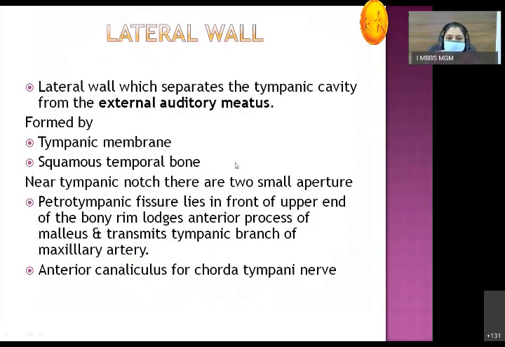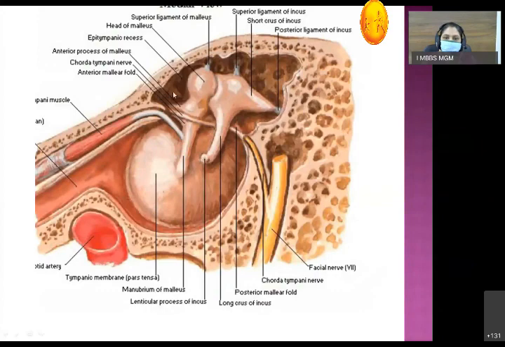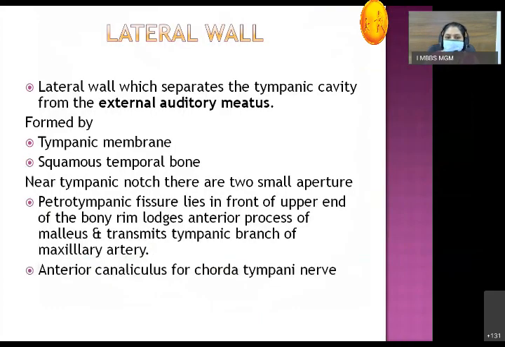The petrotympanic fissure, which lies in front of the upper end of the bony limb, lodges the anterior process of the malleus and transmits the tympanic branch of the maxillary artery.